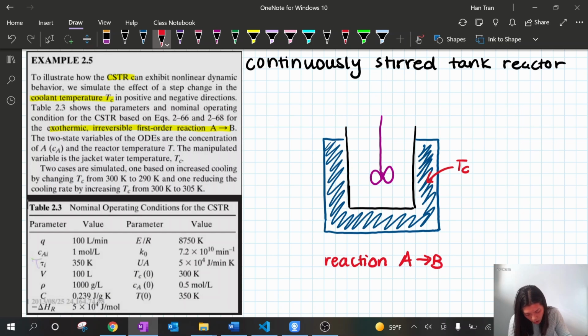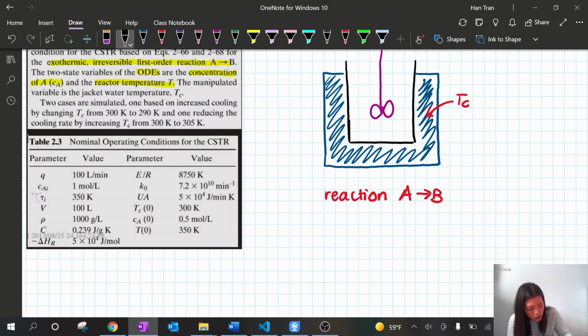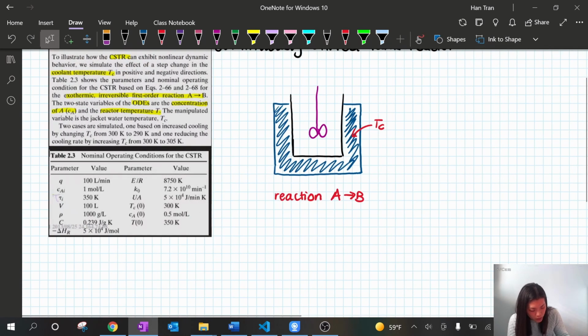And so we want to write the ordinary differential equations that deal with the concentration of A and the reactor temperature. So we want to write an equation for the change in the concentration over time, and that's going to tell us what the concentration is in the tank at a certain time.